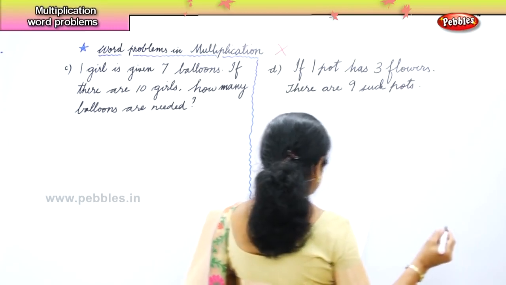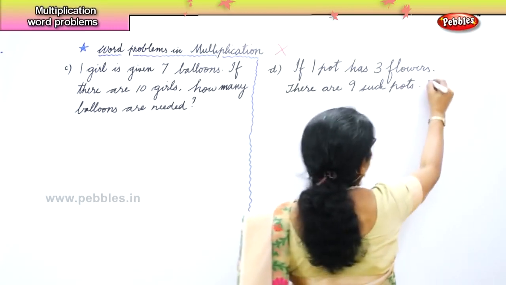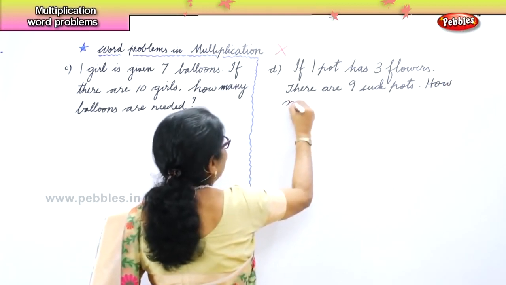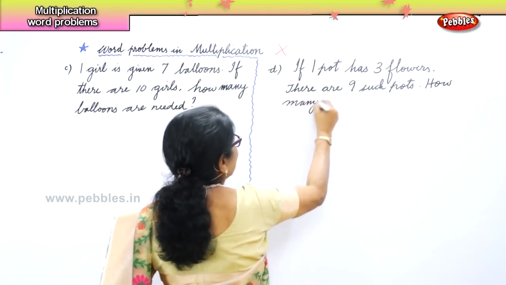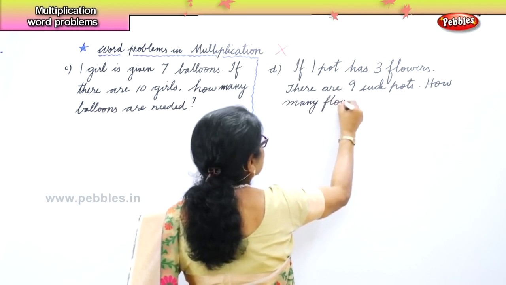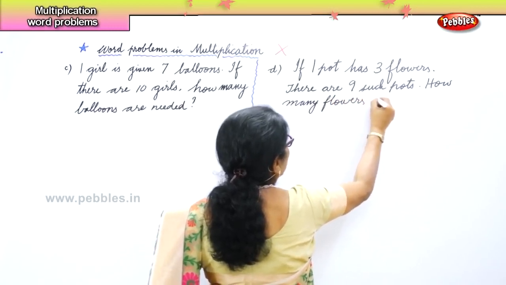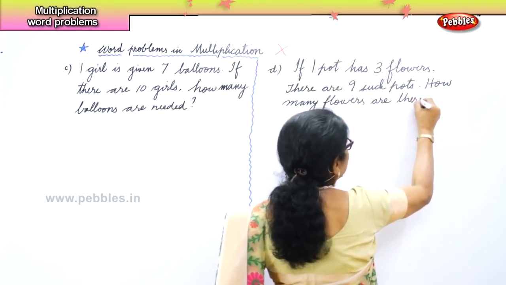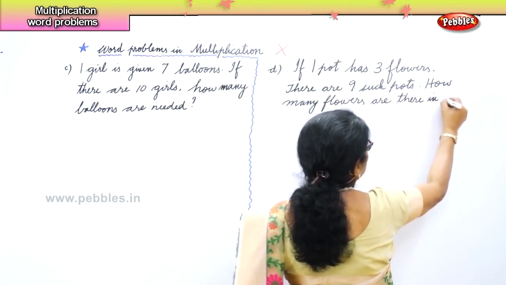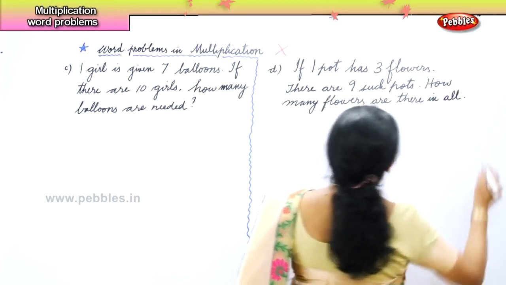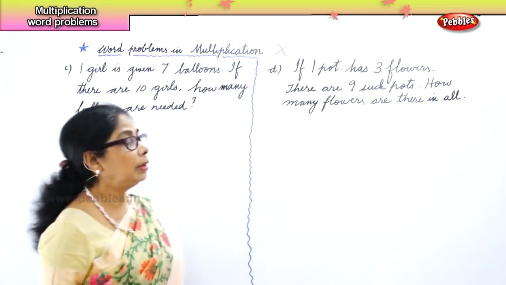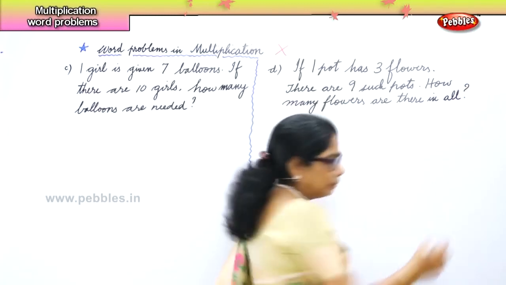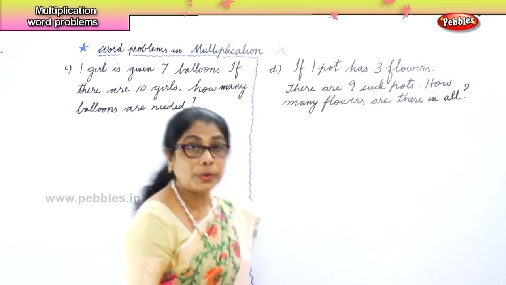The question is, how many flowers are there in all? 1 pot, 3 flowers. 9 pots, how many flowers? That's the question. So we have 2 problems here and then we're going to work on them.